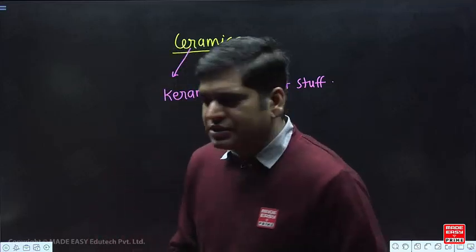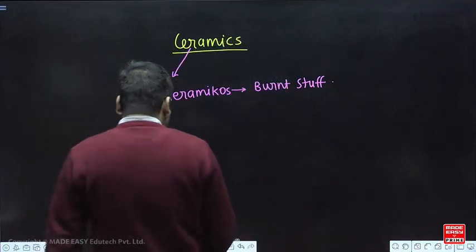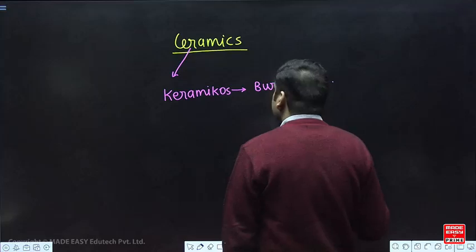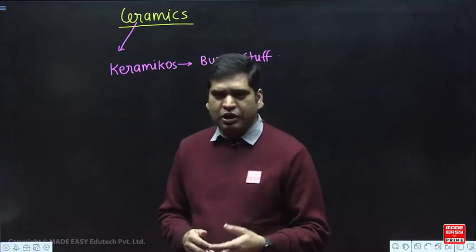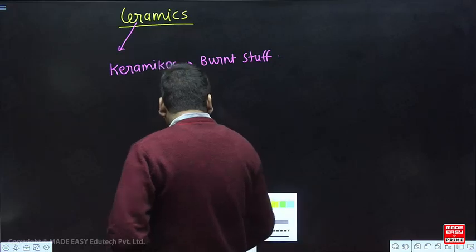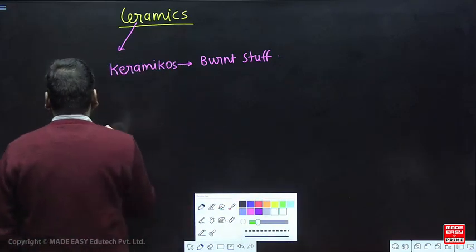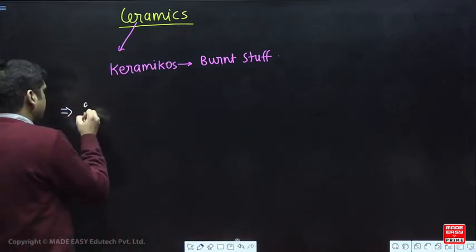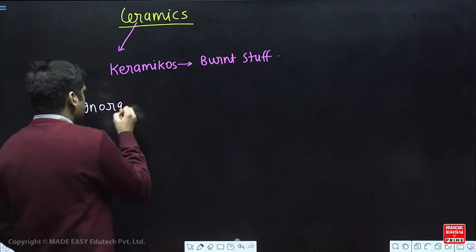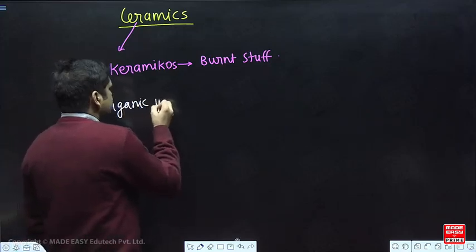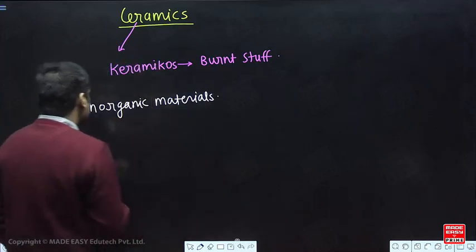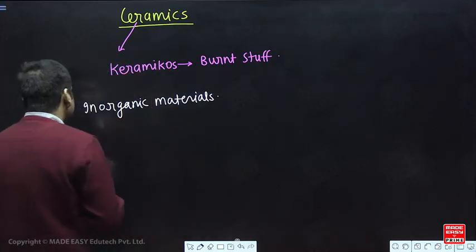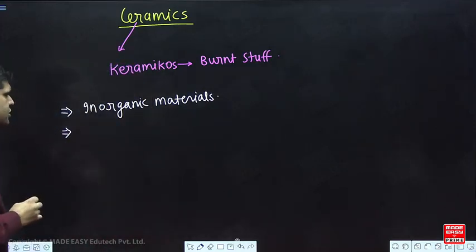So first of all, let us try to write these few points. If these are ionic materials, then there is no chance of being organic. They will be inorganic materials. So the first point I am beginning with is: inorganic materials.